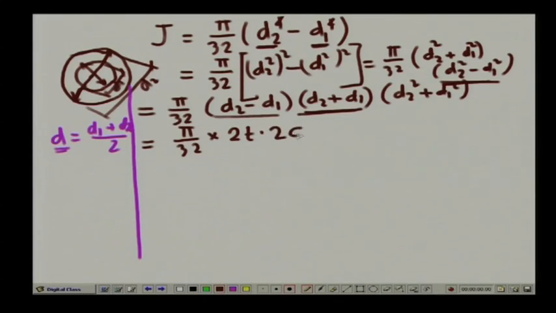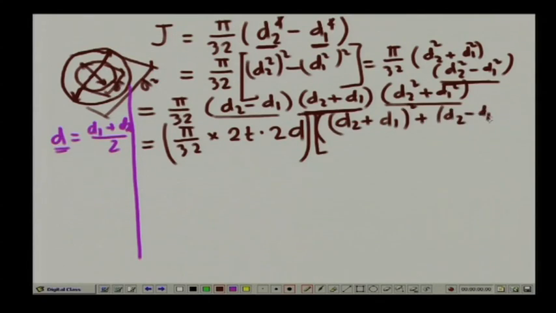Now, this particular term d2 square plus d1 square, we write in a slightly different form as ((d2 plus d1) square plus (d2 minus d1) square) divided by 2.